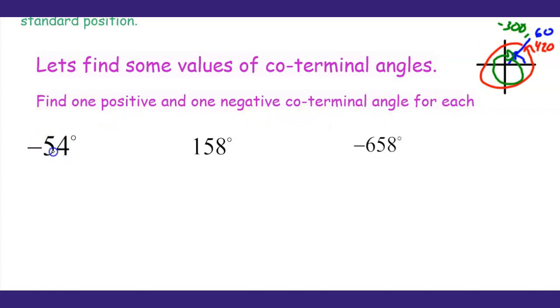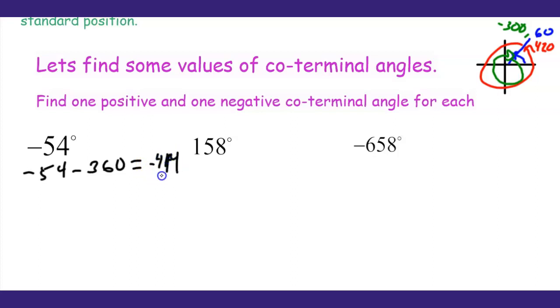For example, if I wanted to find another negative angle here, I would just do negative 54 minus 360. Doing that, I'll get negative 414.